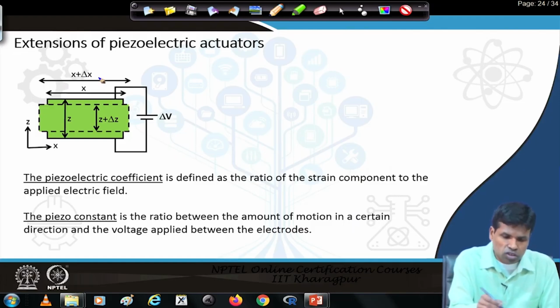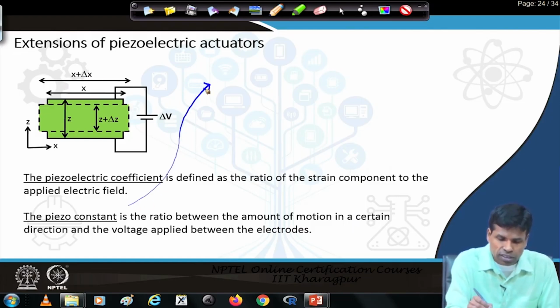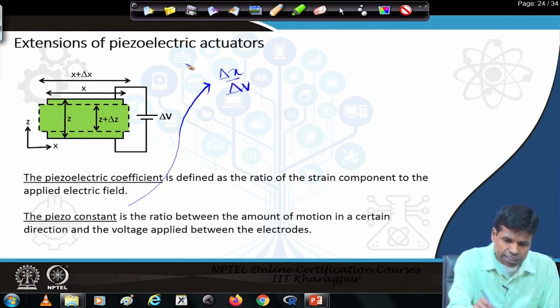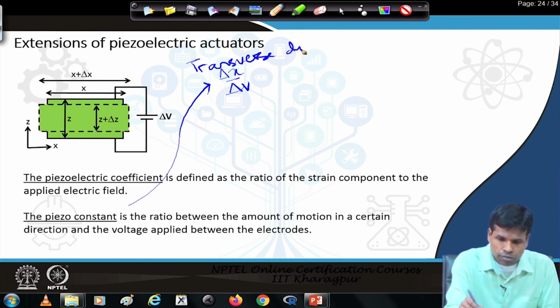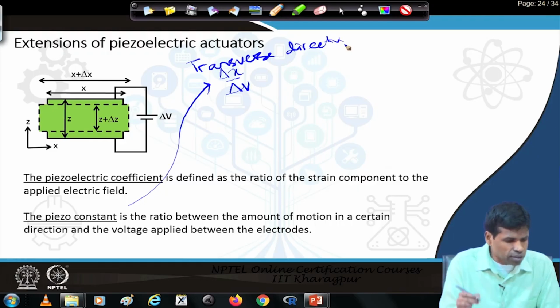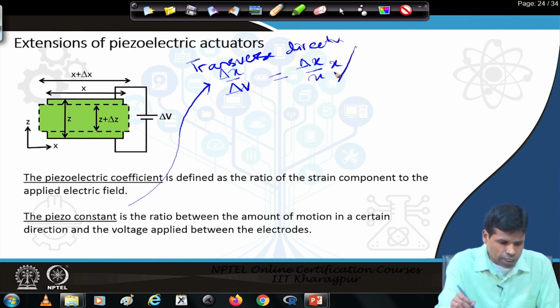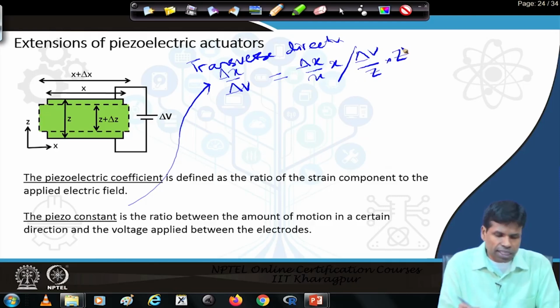So the piezo constant in the transverse direction, del x by del V, can be written as del x by x into x divided by del V by z into z.